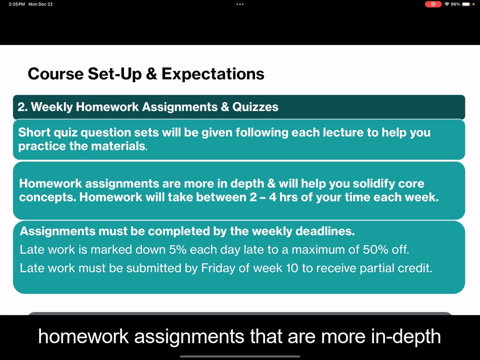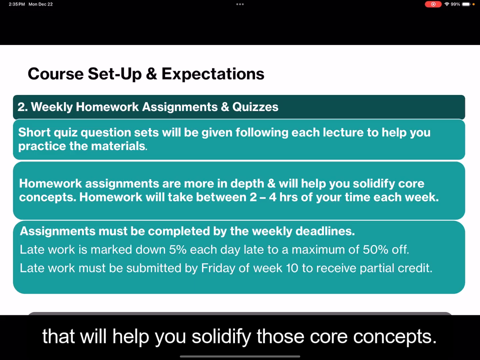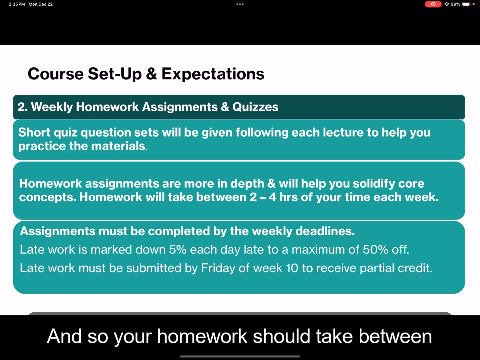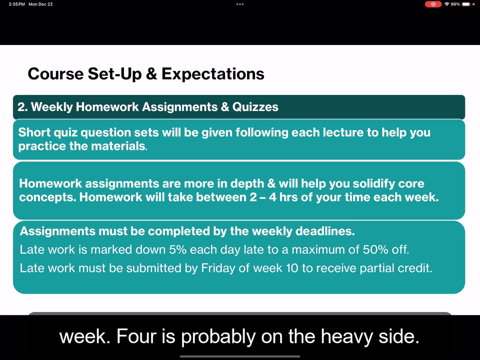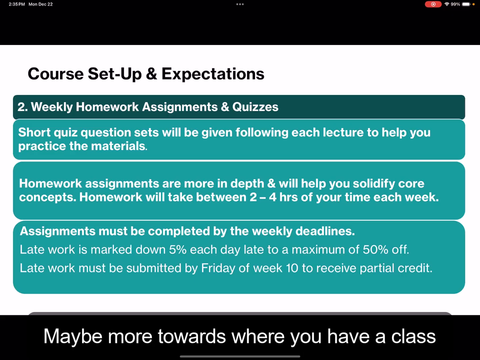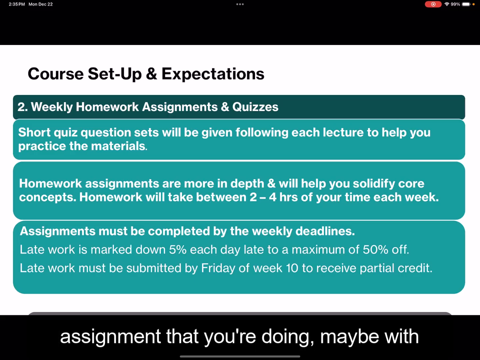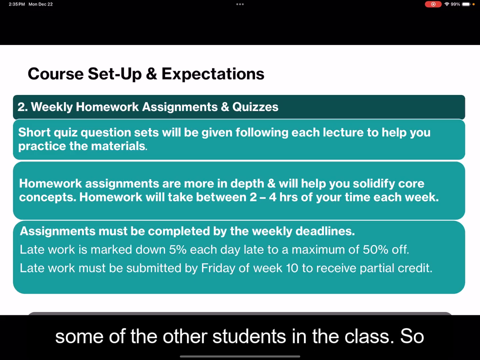And then you'll have some homework assignments that are more in depth that will help you solidify those core concepts. And so your homework should take between probably 2 to 4 hours of your time each week. 4 is probably on the heavy side, maybe more towards when you have a class assignment that you're doing, maybe with some of the other students in the class.